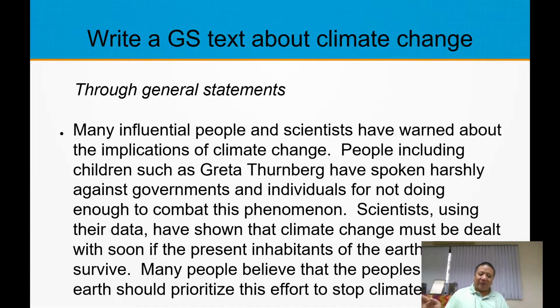And then it broadens out again. Many peoples of the earth should prioritize this effort to stop climate change. So it's broad again.